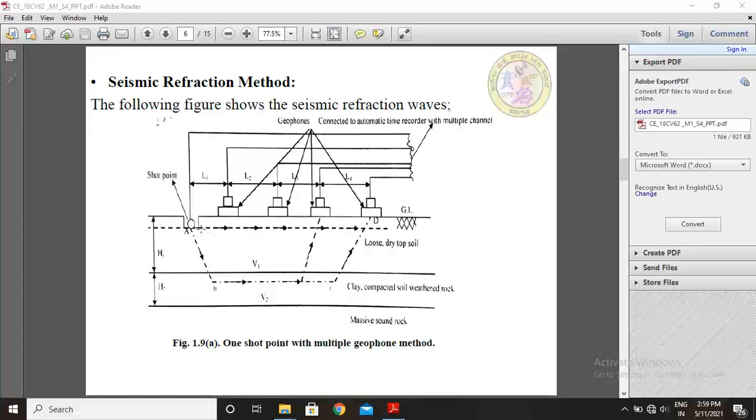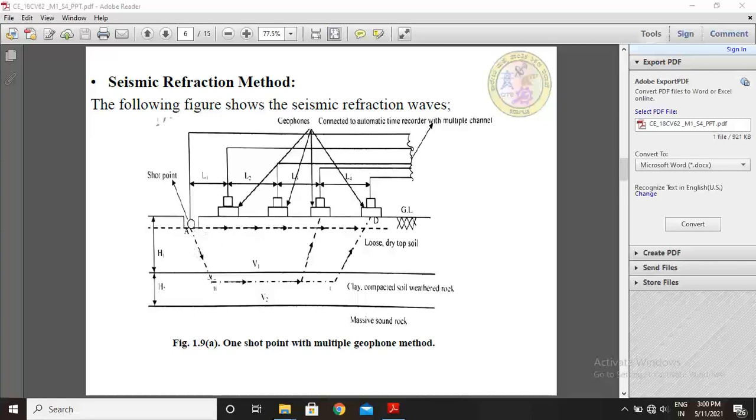Here this shot point is provided, and these are the geophones connected to automatic time recorder with multiple channels, and these are the distances L1. This is L2, this is L3, this is L4, distance in meters.